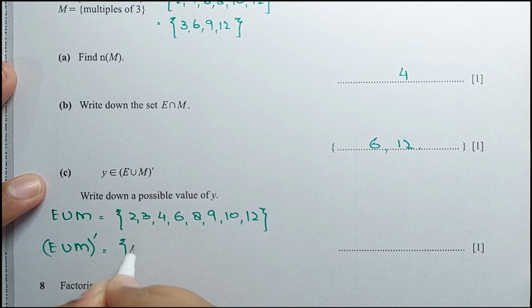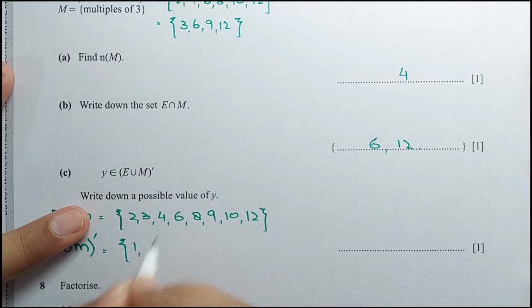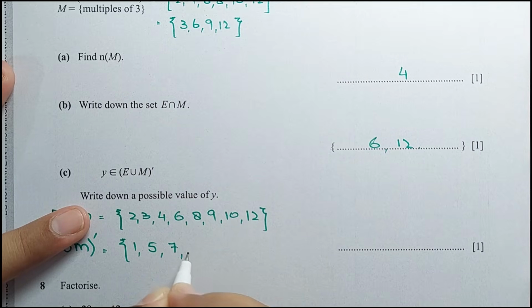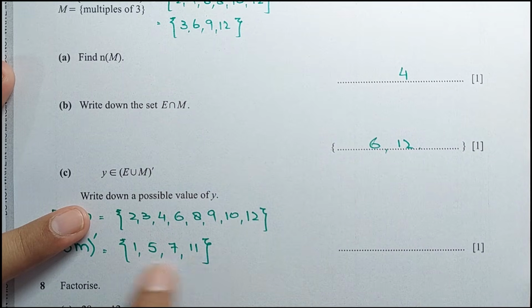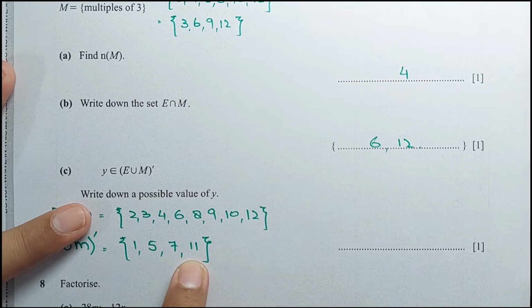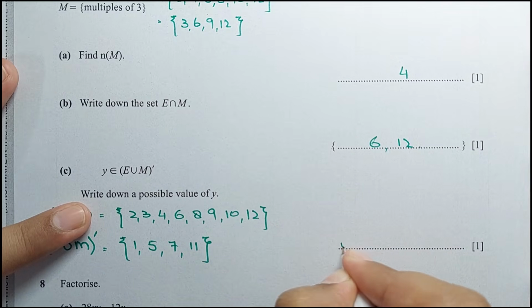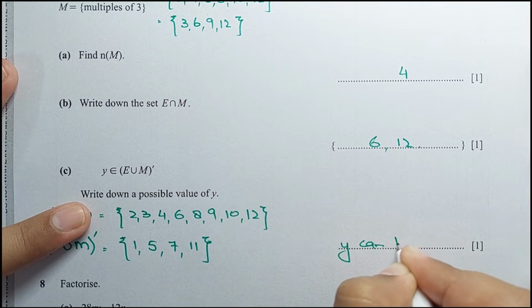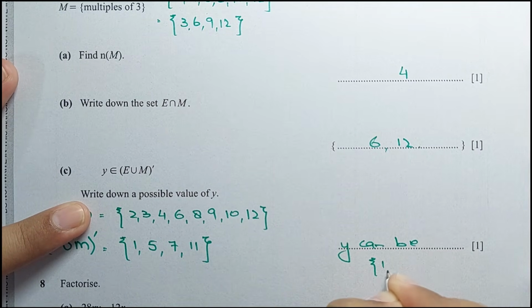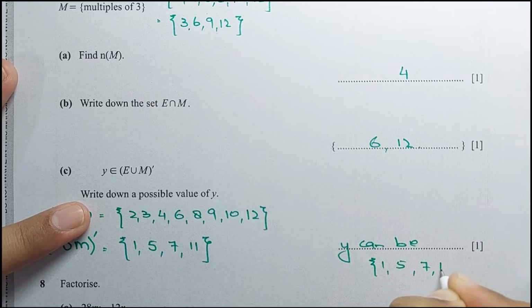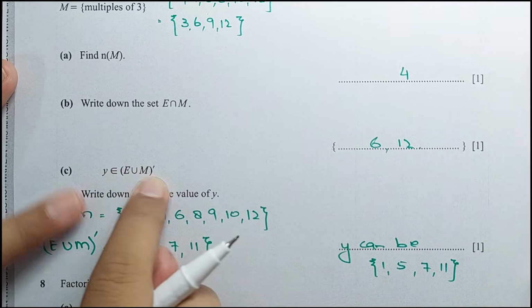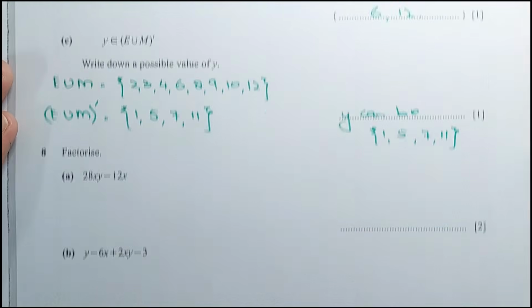Now we are left with 1, 5, 7, and 11. So these numbers are the possible values of Y. So we can say Y can be 1, 5, 7, or 11. These values belong to the complement.